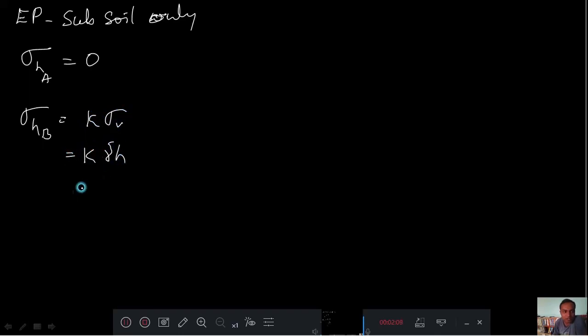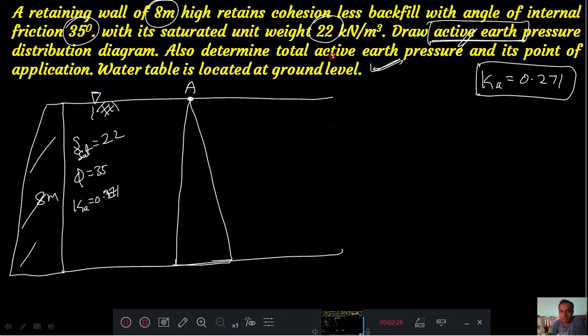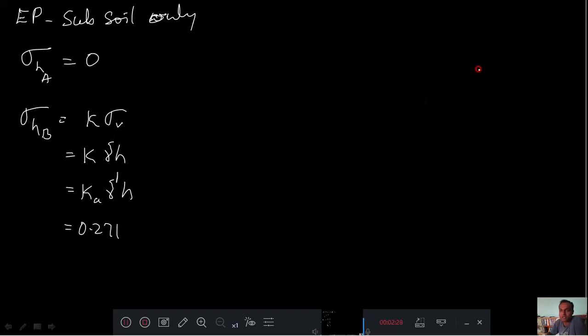Sigma H at A is 0, sigma H at B equals K into vertical stress, that is K into gamma into H, but in this case K is the active earth pressure, therefore Ka, and gamma in this case is submerged, therefore gamma dash, and H is your H. Then Ka is 0.271 and gamma dash is what? Go back here, 22 is given as saturated, therefore gamma dash equals gamma sat minus gamma W, that is 22 minus 9.81.